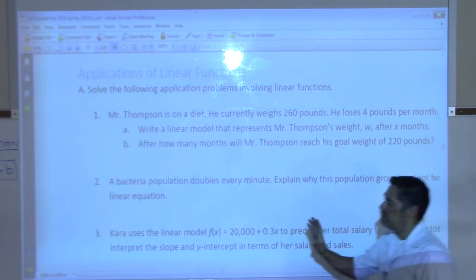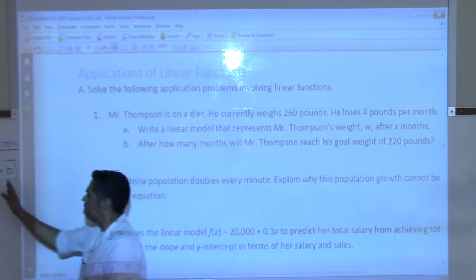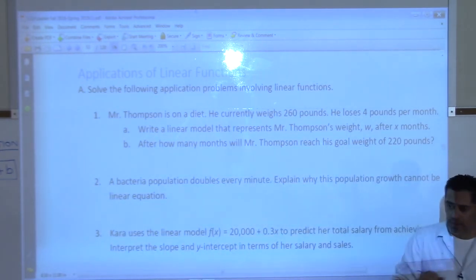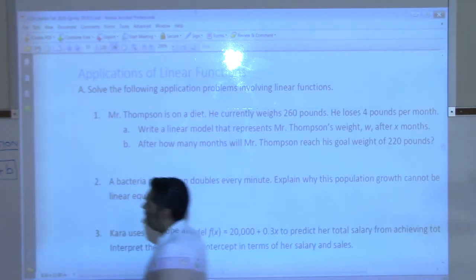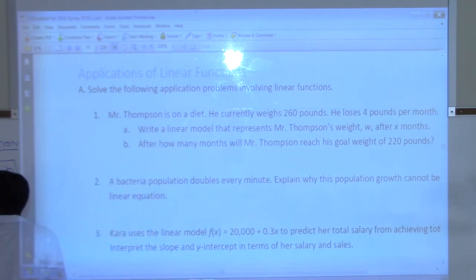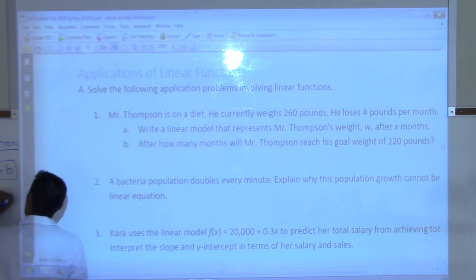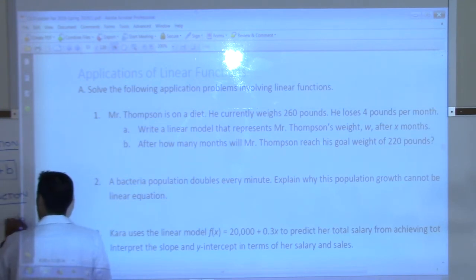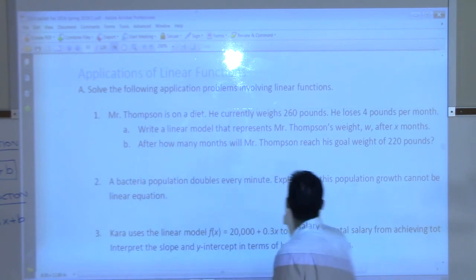If someone gives us an equation like this, we should be able to graph it, and you were supposed to do that for your homework. Then we get the idea of a linear function, and the only difference between a linear function and a linear equation is that we replace the y with the notation f of x equals mx plus b.